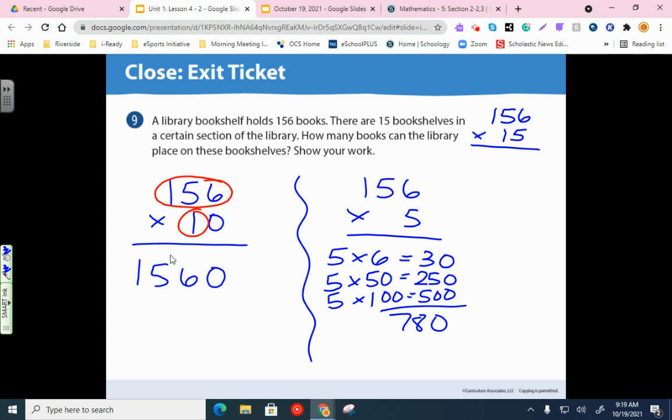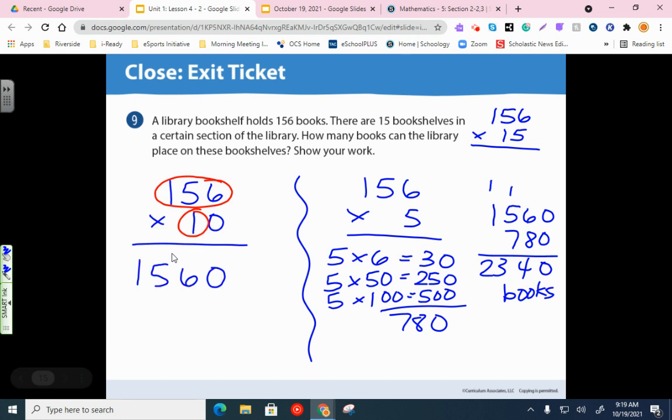Now I'm not done yet because these are partial products. We need to actually add them together to get a final product. And let's give us this. 2,340 books.